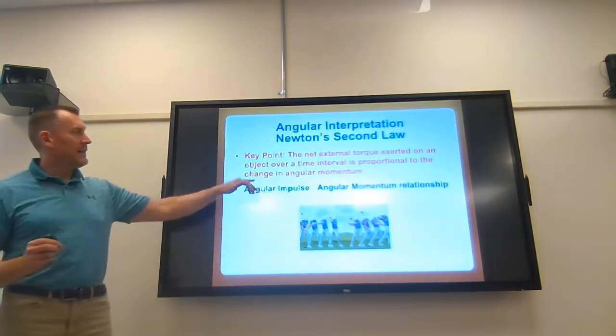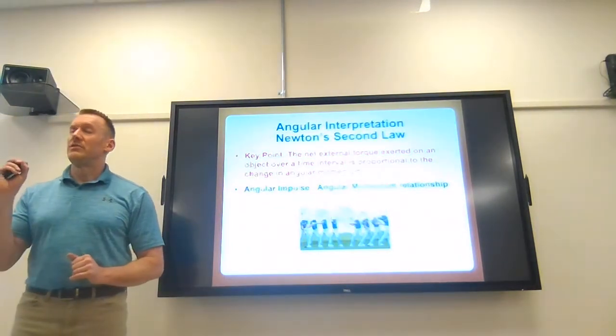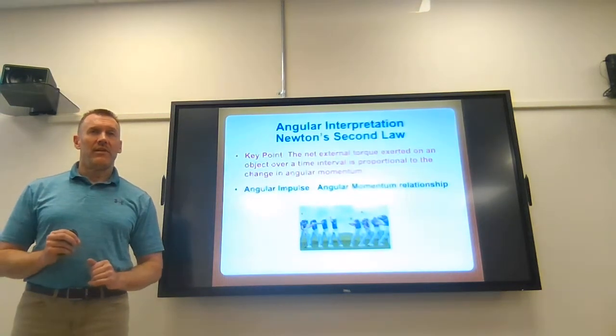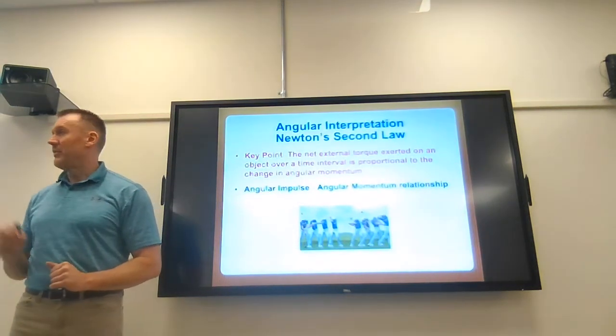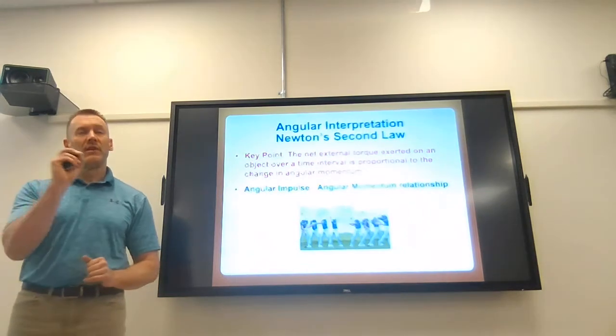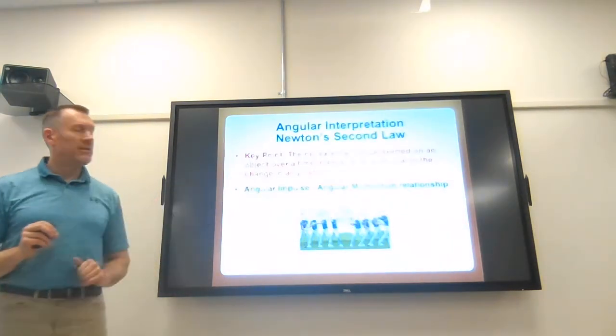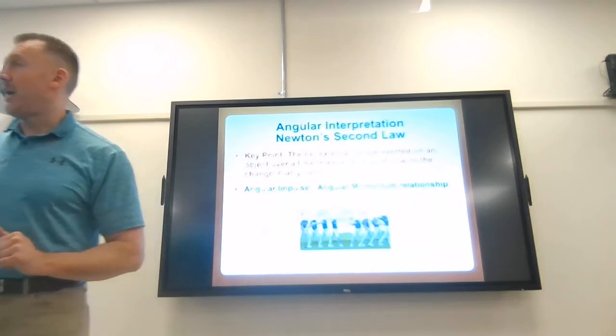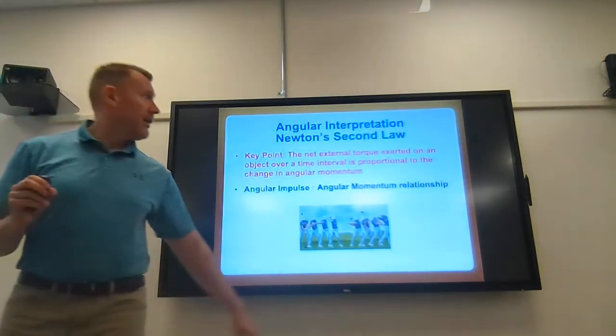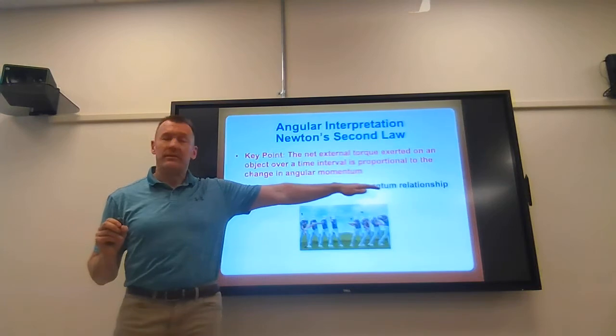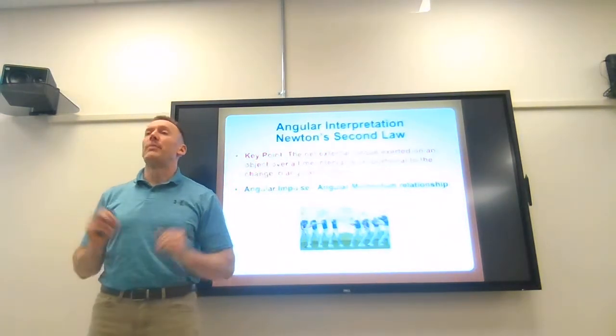So again, a net torque applied over a period of time, just like linear impulse, which is net force applied over a period of time. This is a net torque applied over a period of time that causes a change in not linear but angular momentum.